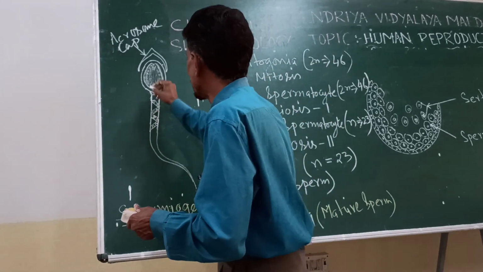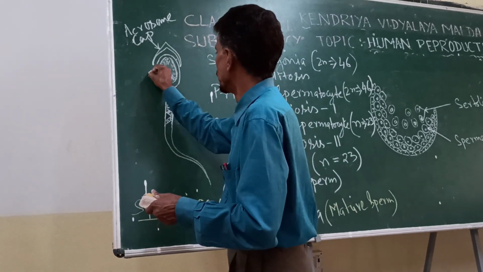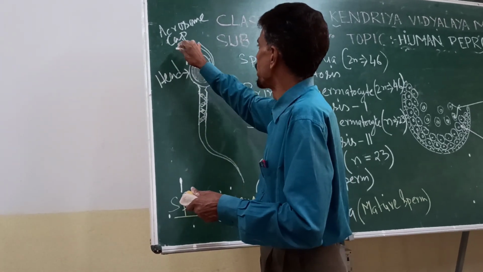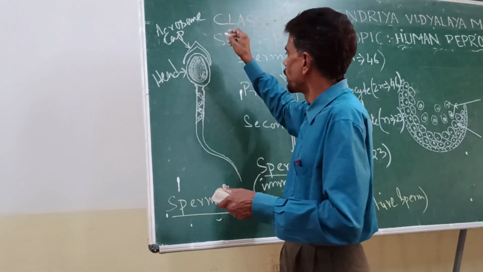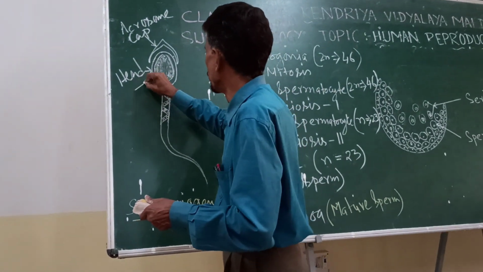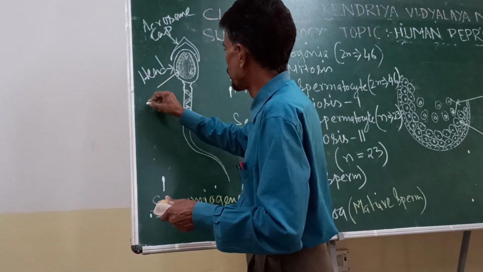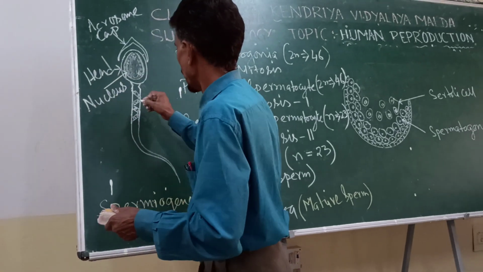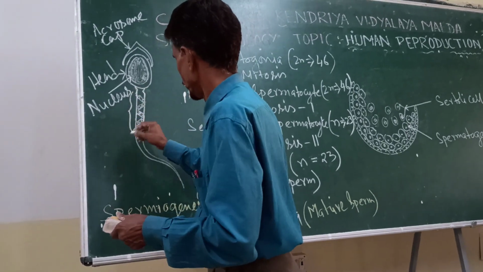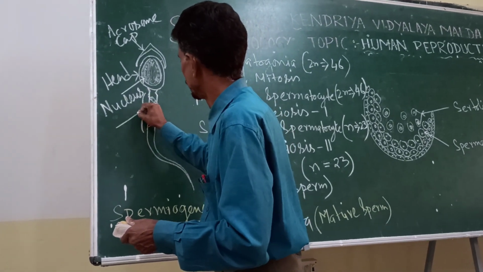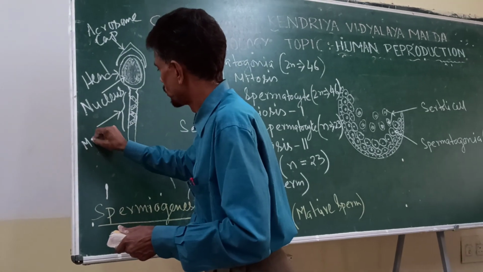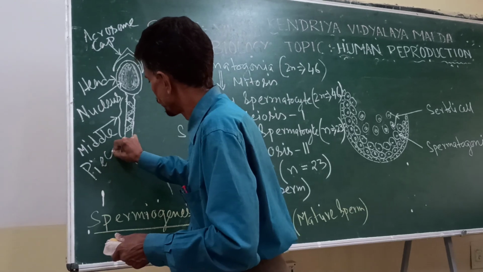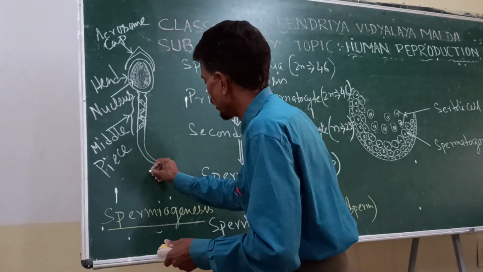So this is the middle piece, and this is the head of the sperm, having a coverage of acrosomal cap and a centrally placed nucleus, then a middle piece, and a tail.